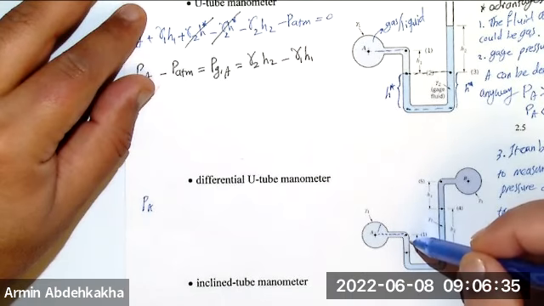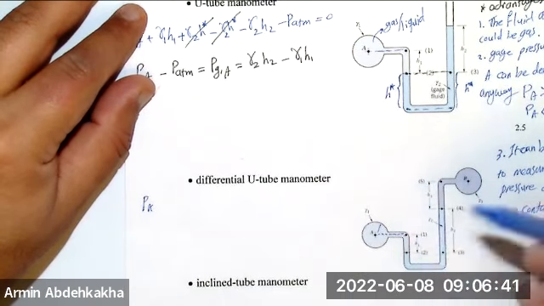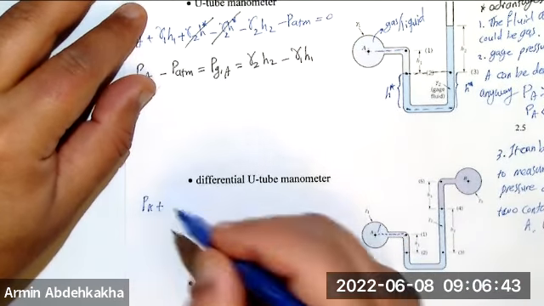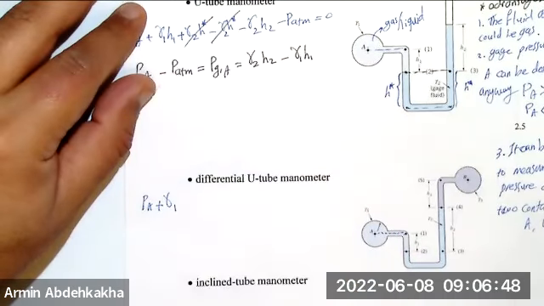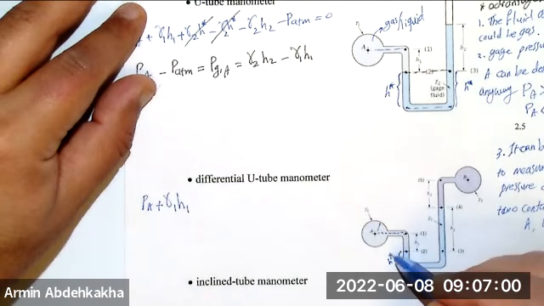Okay, so if you are moving here at point 1, nothing changed. But when you're going down, then you need to use plus gamma of that fluid, gamma 1, then H1, right? From here, you are coming down. What's that? It is H star.